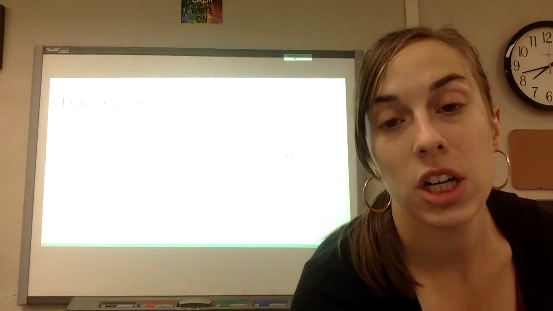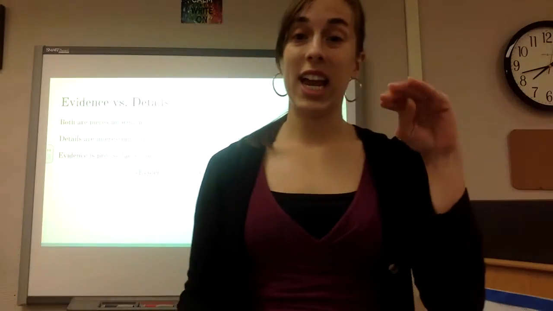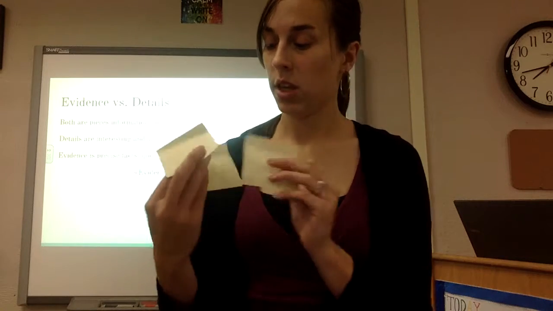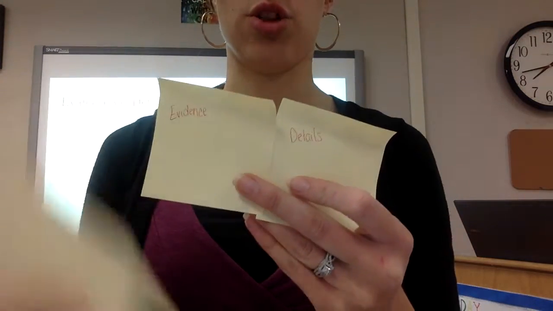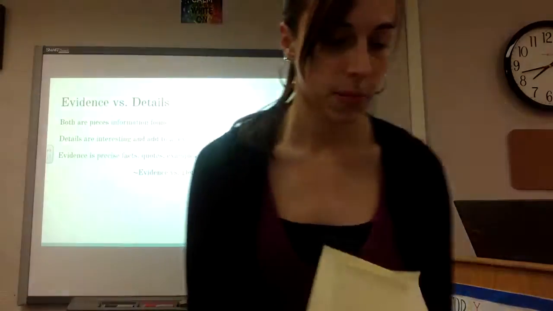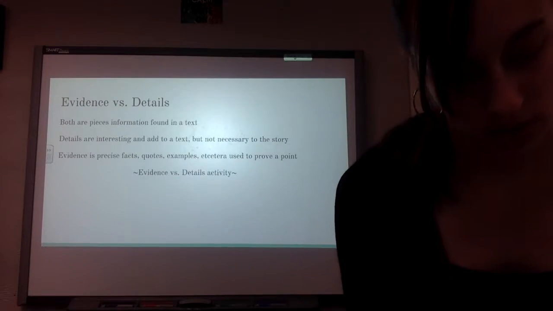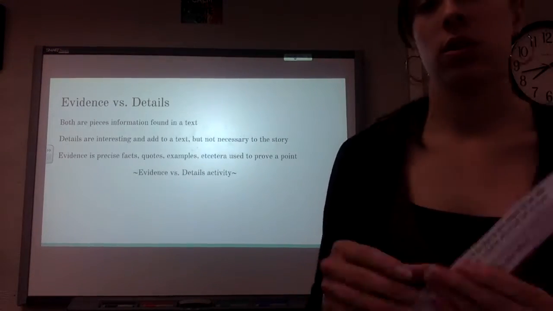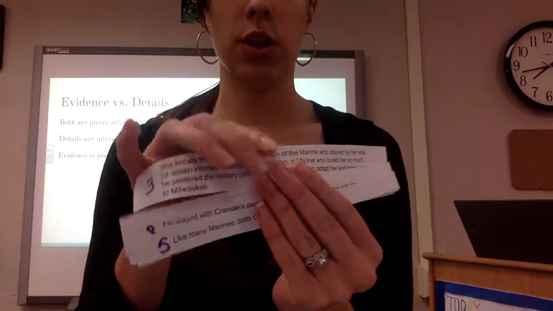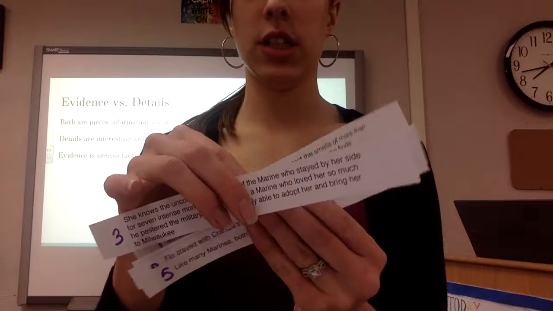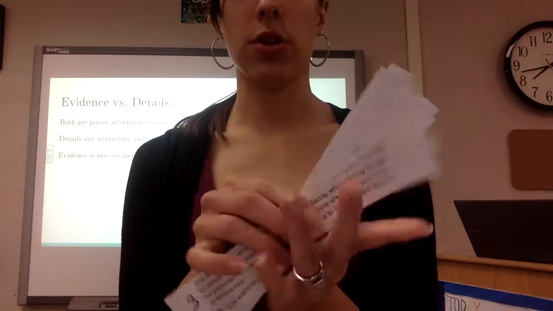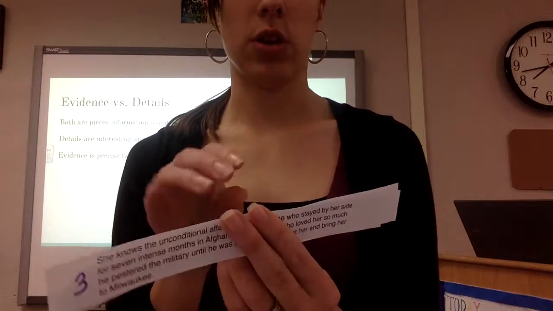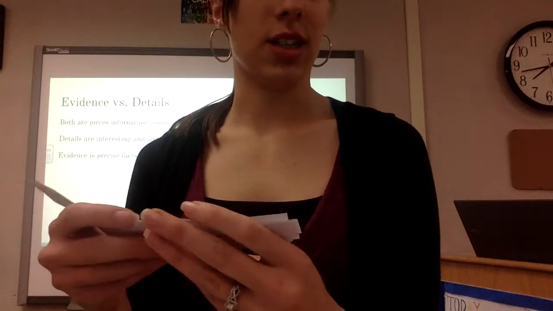Okay, so you're going to need a piece of paper, do your TAK at the top, then write details, evidence, and then question marks in 3 different columns. Okay, so each of you go ahead and grab one of these, doesn't matter which number, and then work together to decide where they go. I'm just going to read them in random order, and then you guys can decide on your own.